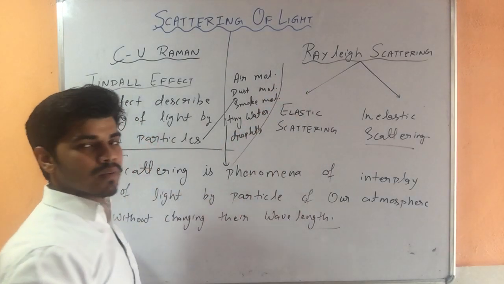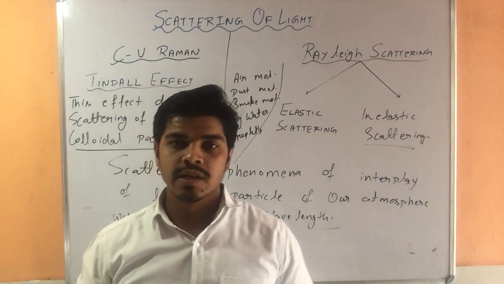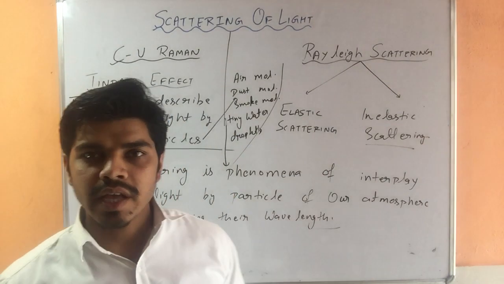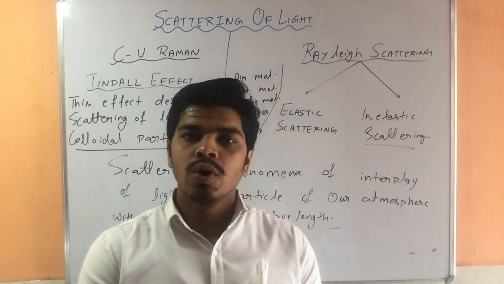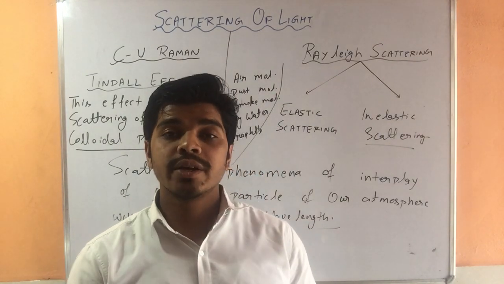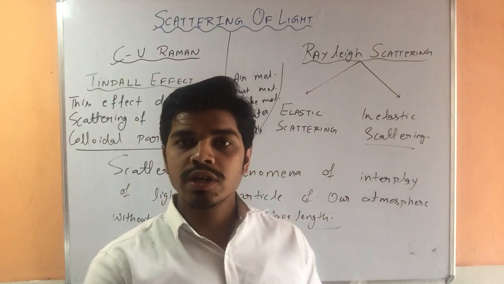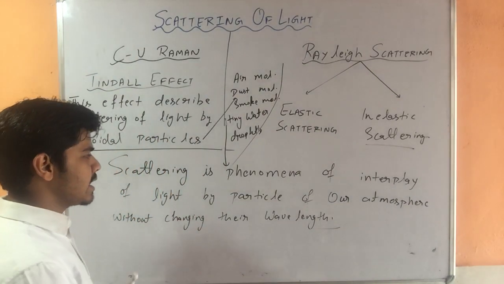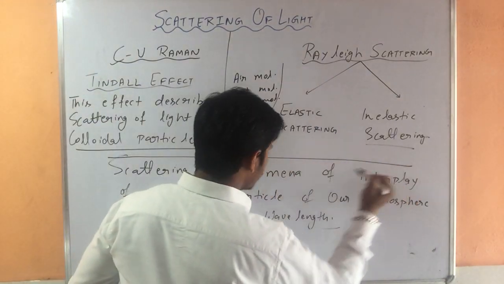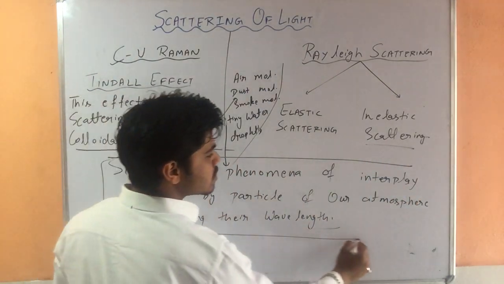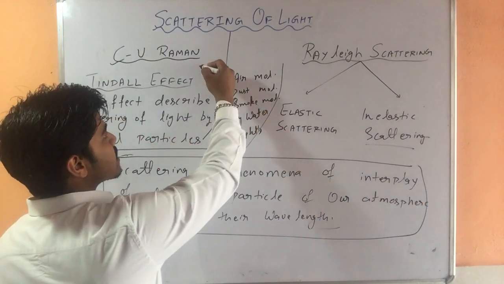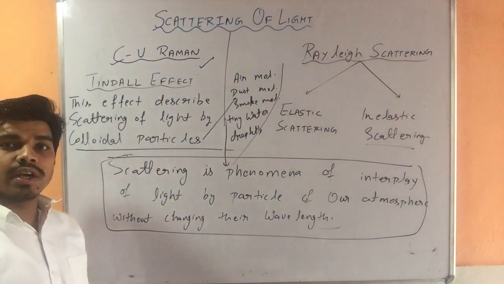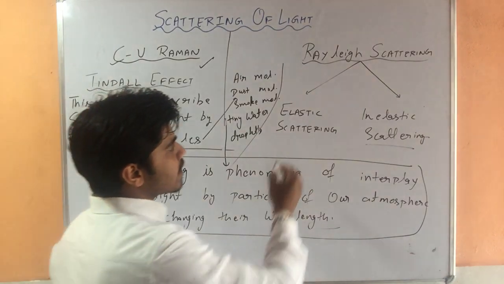As you know, our atmosphere is a heterogeneous mixture of all these particles. Heterogeneous means that it does not mix clearly. So this is the definition of scattering. This is C.V. Raman, Tyndall effect, and Rayleigh scattering.